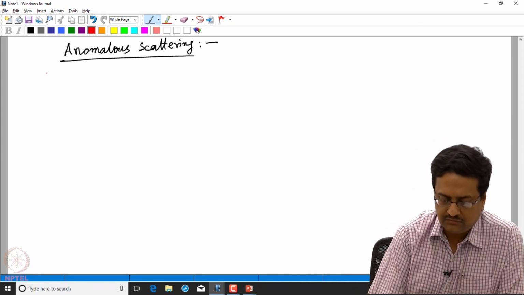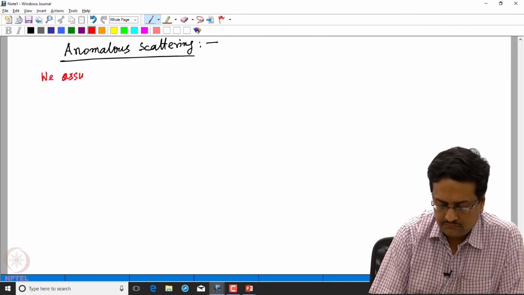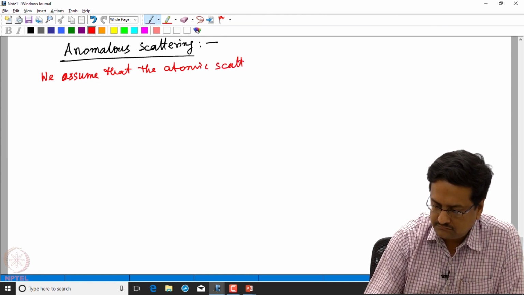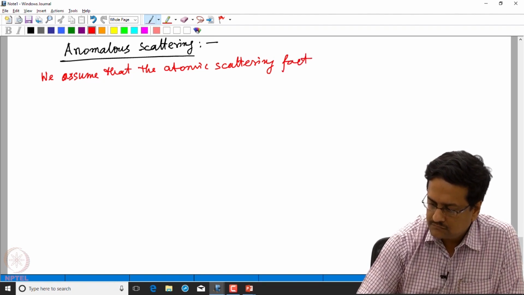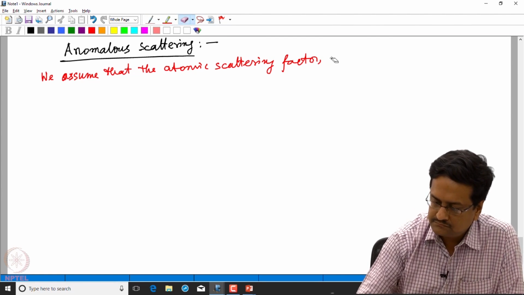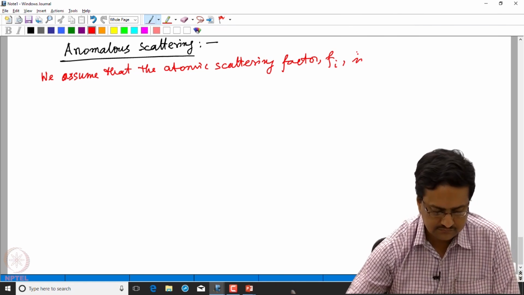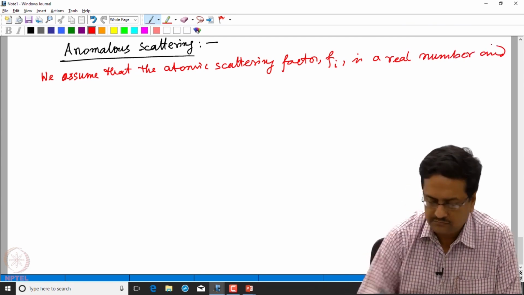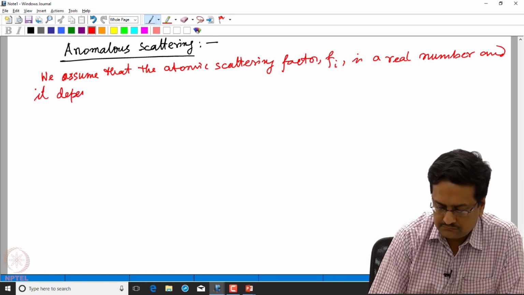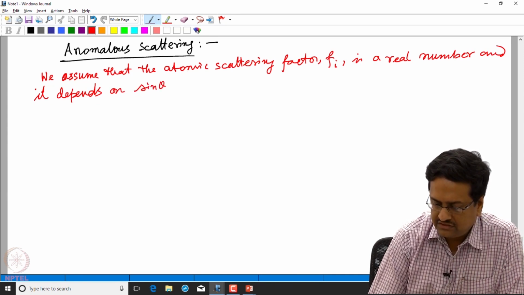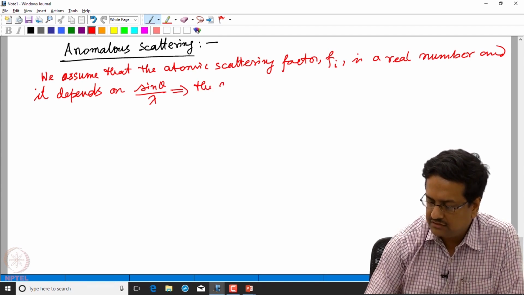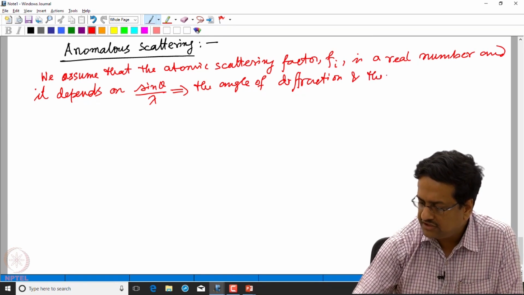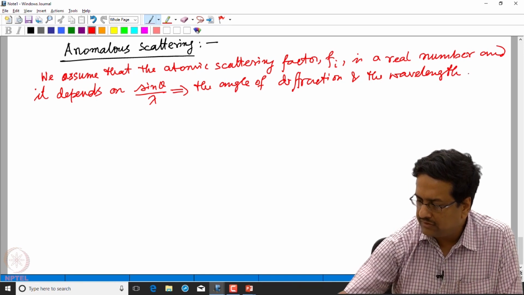So what we do is we assume that the atomic scattering factor, that is Fi, is a real number and it depends on sin theta by lambda, that is, it depends on the angle of diffraction and the wavelength used.